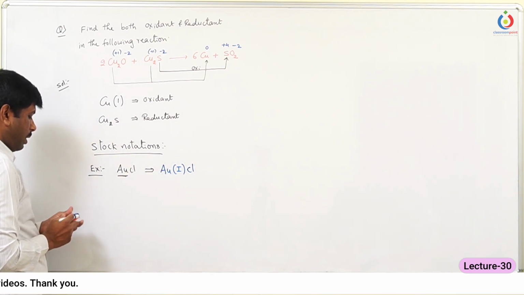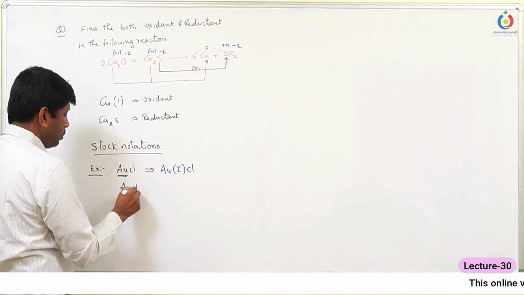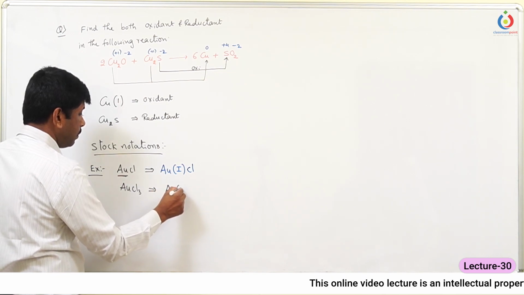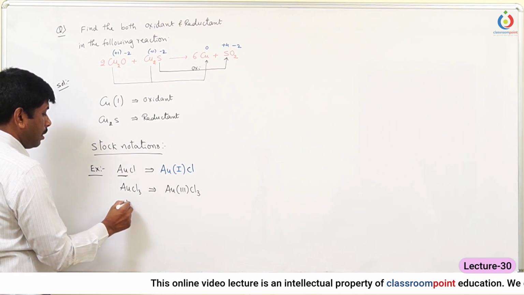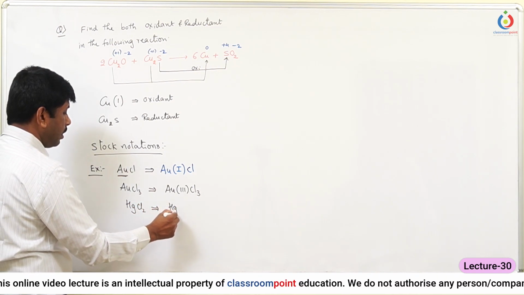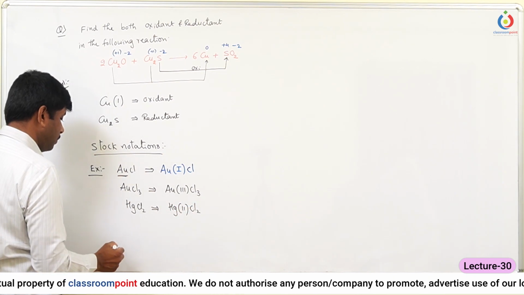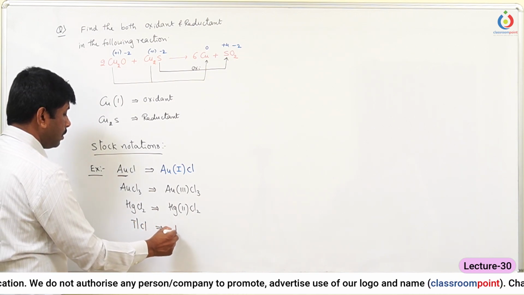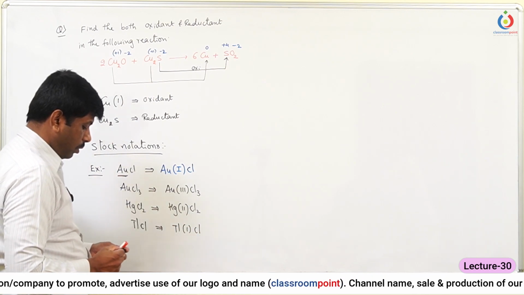So that Au(I)Cl. Now let us take AuCl3. That can be written as Au(III)Cl3. HgCl2: mercury oxidation state is 2, so Hg(II)Cl2. Next one, TlCl: thallium oxidation state is 1, and later chlorine.